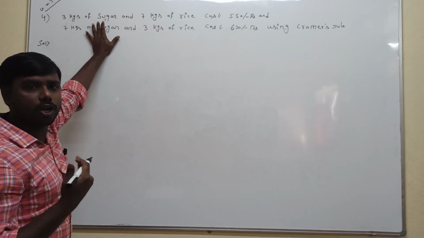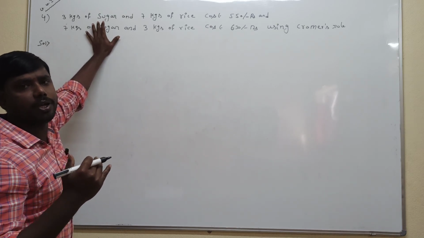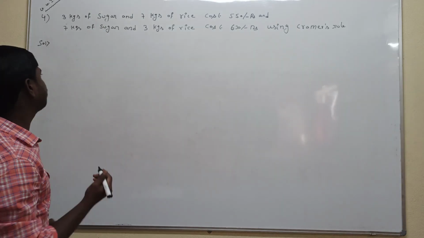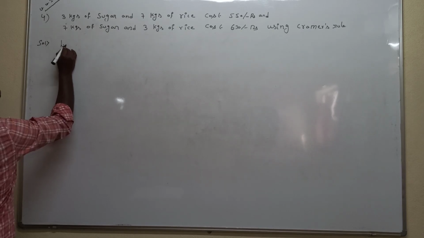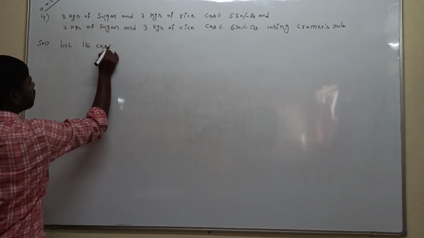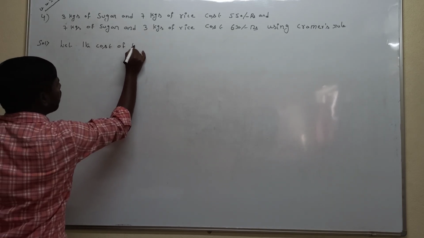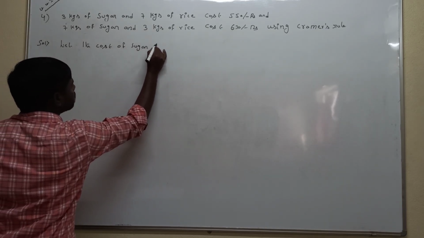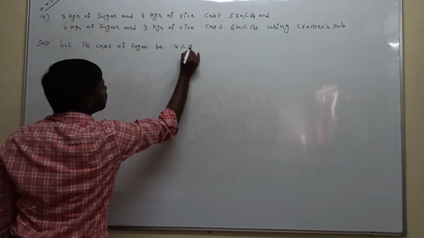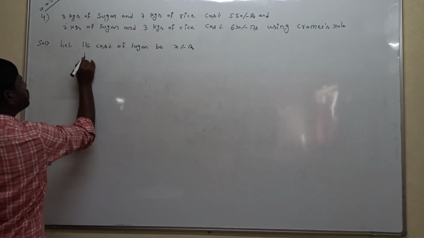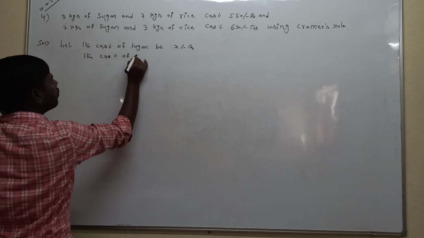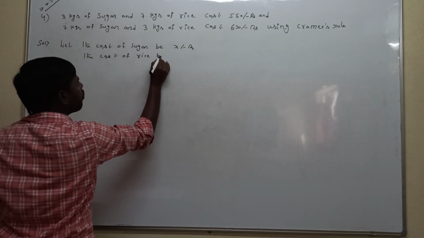That's why first we assume the cost of sugar is x and the cost of rice is y. You don't know them, that's why we are assuming the cost of sugar be x rupees and the cost of rice be y rupees.